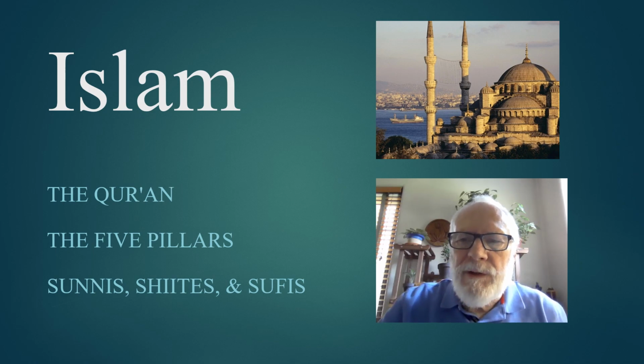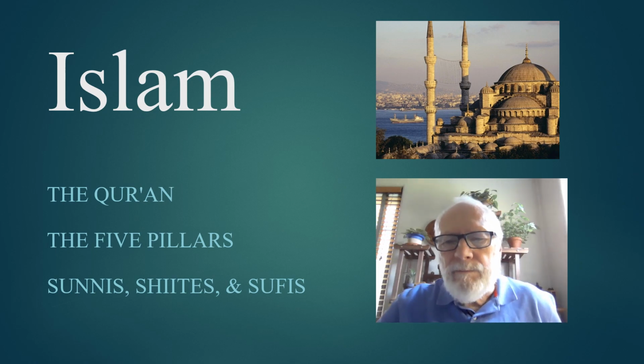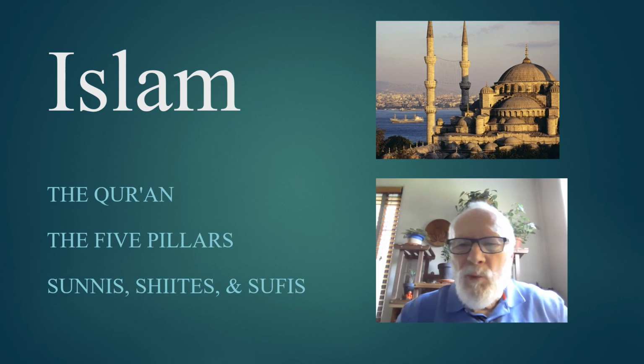I've included on this first slide a picture of a mosque, and this is a famous mosque, so not all Islamic mosques would be as grand as this. But this is the Blue Mosque, which is in Istanbul. And all of the mosques would be somewhat similar.